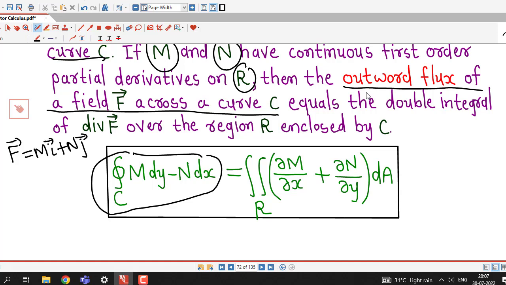This quantity is nothing but the outward flux of a field f bar across curve C.